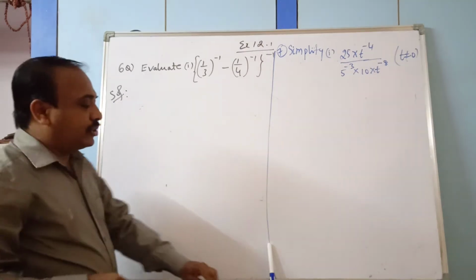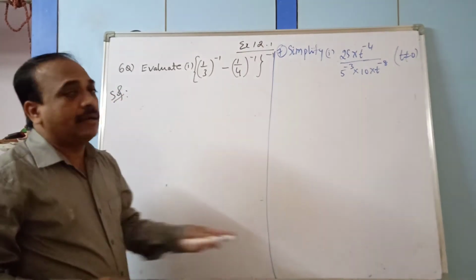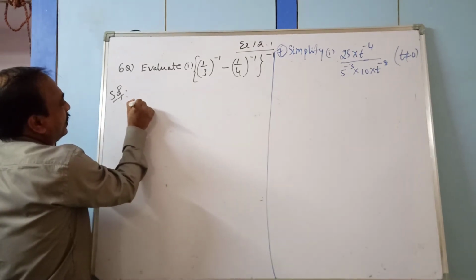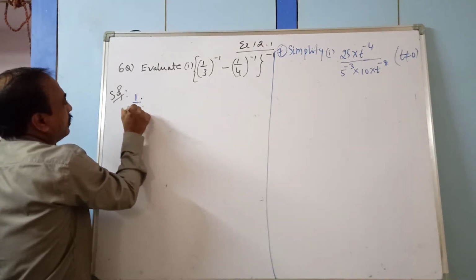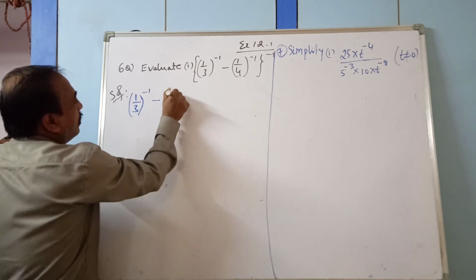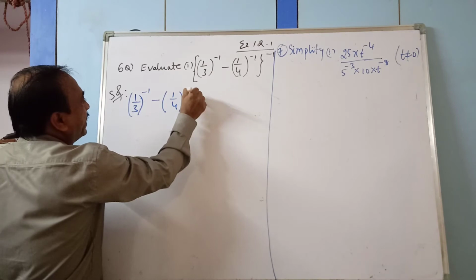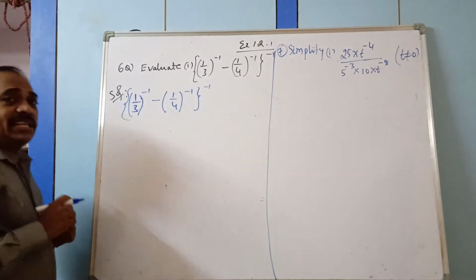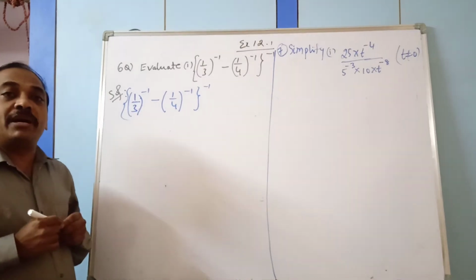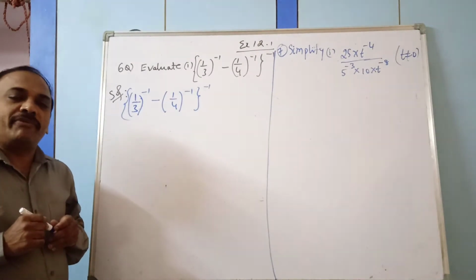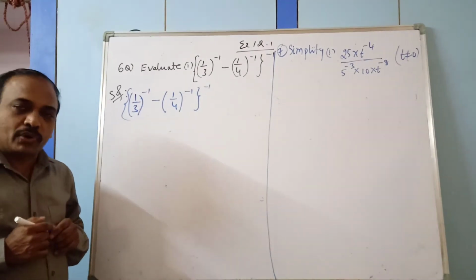(1/3)^-1 minus (1/4)^-1. Actually this is the question given. As we know, (a/b)^-m can be written as (b/a)^m by taking the reciprocal.